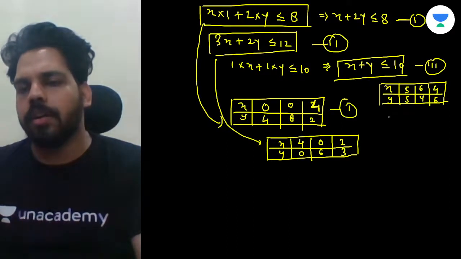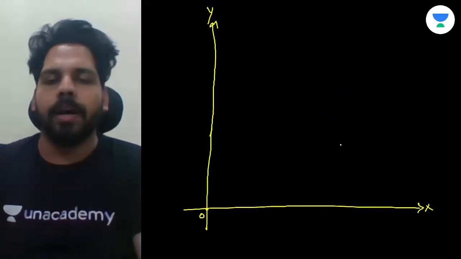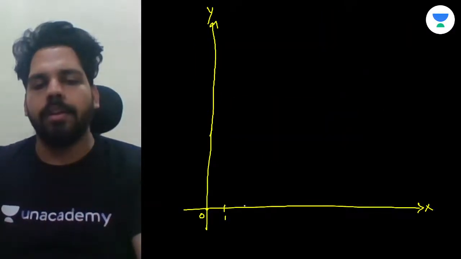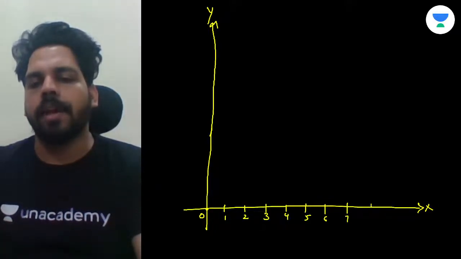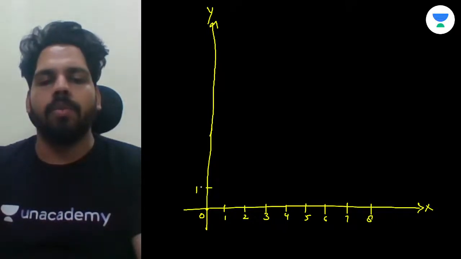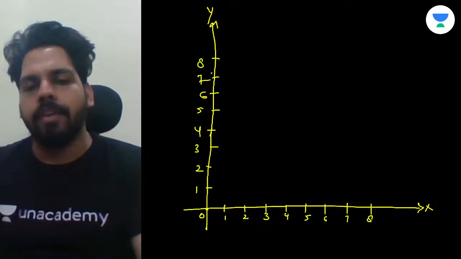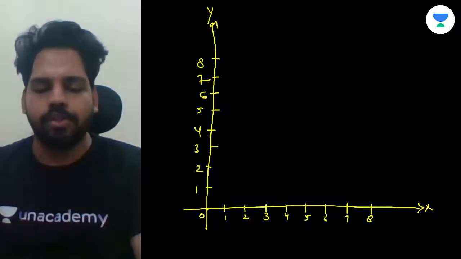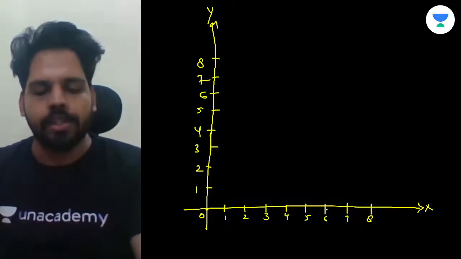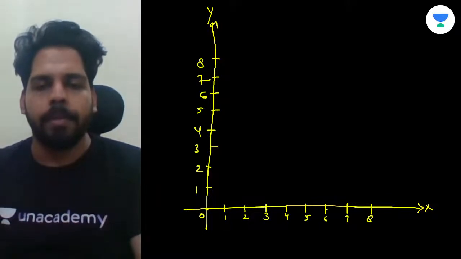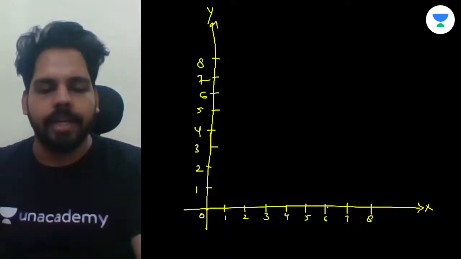So we are just marking 1 to 8 over here, 1 2 3 4 5 6 7 and 8, and here 1 2 3 4 5 6 7 and 8. My differences are possible because I am not taking an actual measurement. Your representation should be actual, using the scale. Always keep in mind you have to use a scale, and take the proper gap in the units, so you will get the exact answer, right?